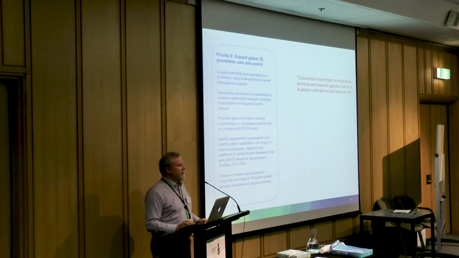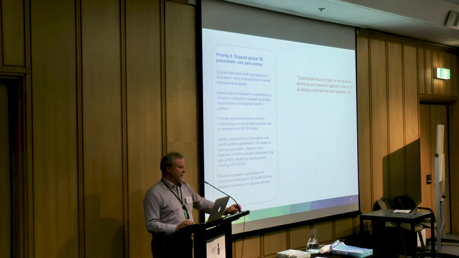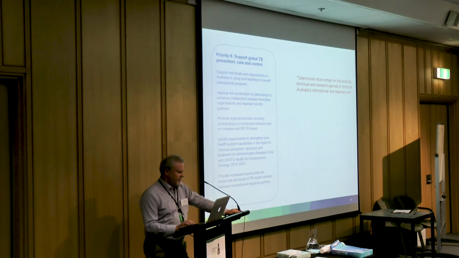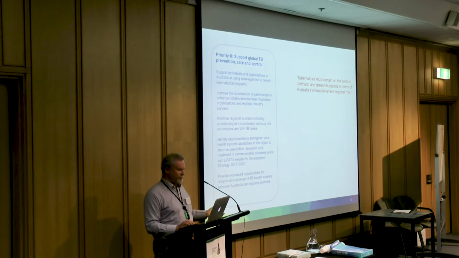But we think it's important that individuals who work in an international context are supported to do so by their facilities and their governments, to better coordinate research efforts and collaborations between Australian groups and country and regional partners, to promote regional activities in TB control, including contributing to an advisory role.